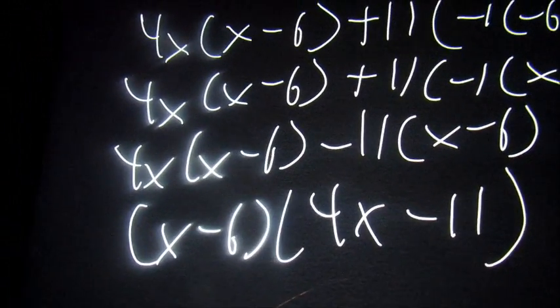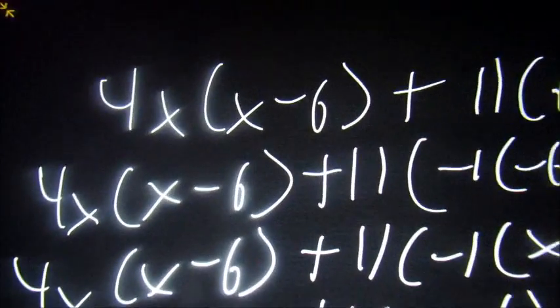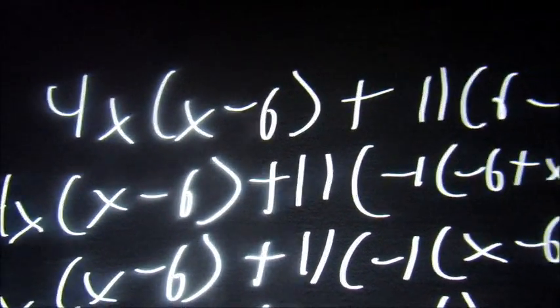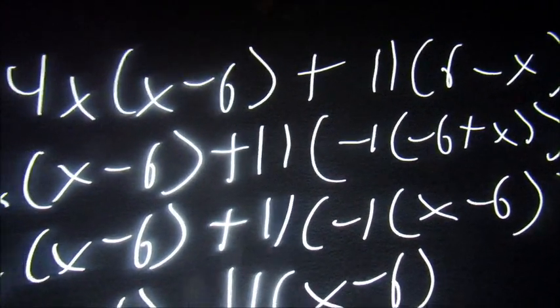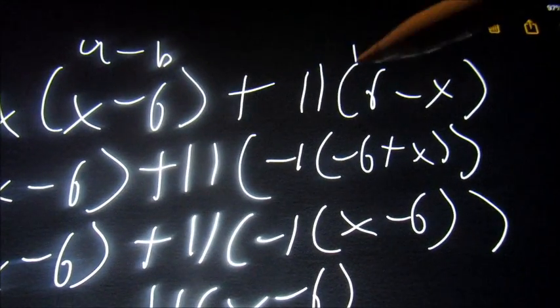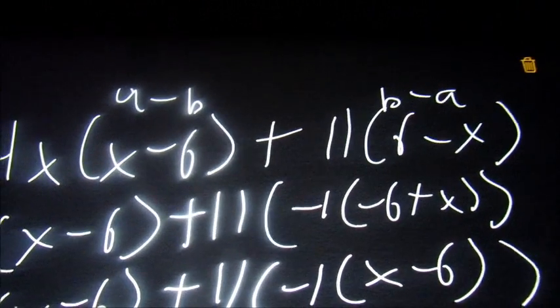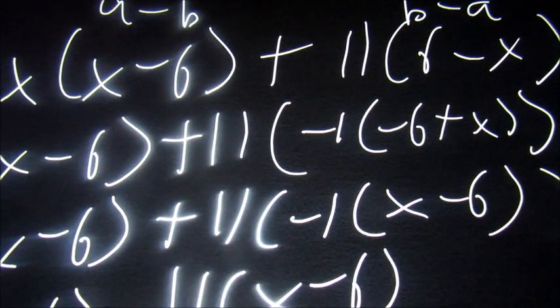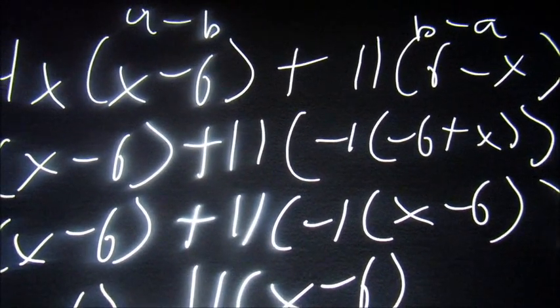So this is one that's a little bit tricky. If you get something like this, where it's already factored, and you have x minus 6, like basically a minus b and b minus a, you can rearrange those by factoring out a negative from one of those.